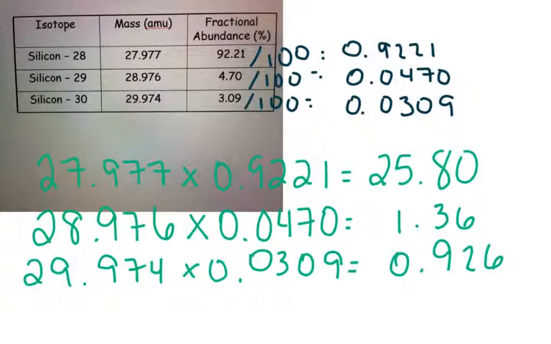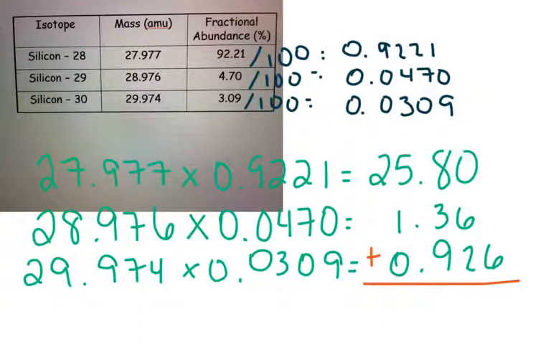The third step is we're just going to add together all of our relative masses, the products from multiplying the mass by the relative abundance. So we're just going to add all those up.